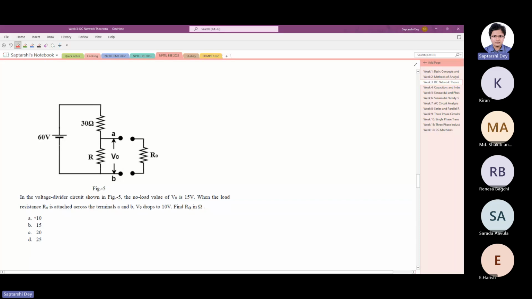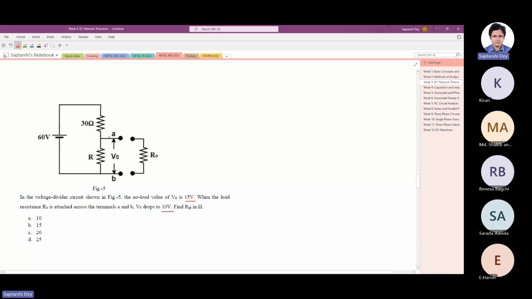When the load resistance R naught is attached across the terminals A and B, V naught drops to 10 volt. This thing we discussed last day, that these are non-linear. The output voltage depends on the load. Find R naught in ohm.